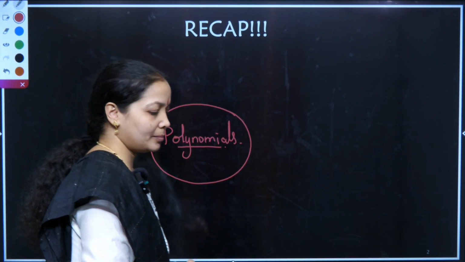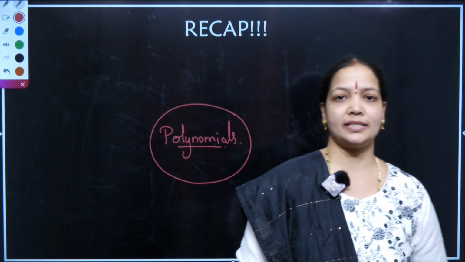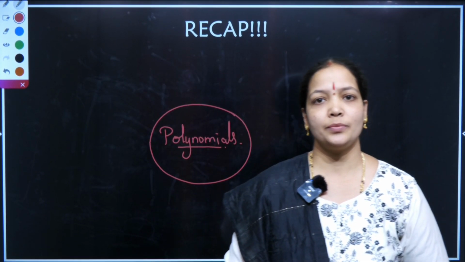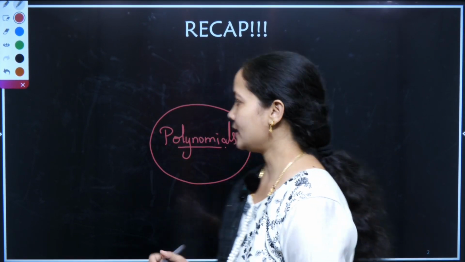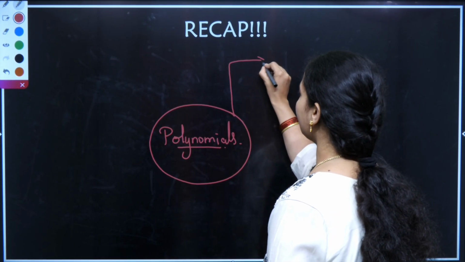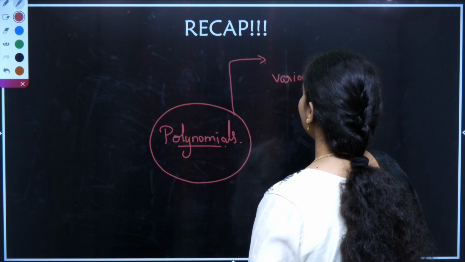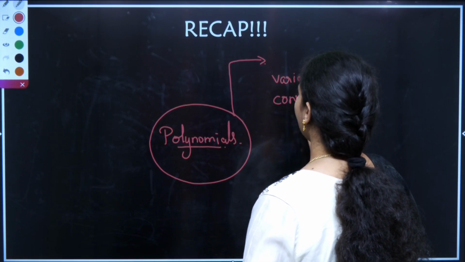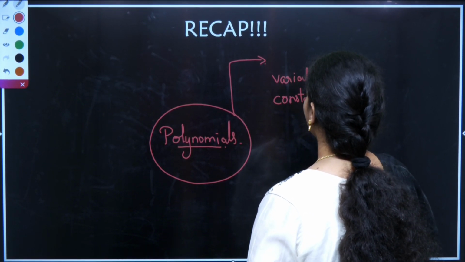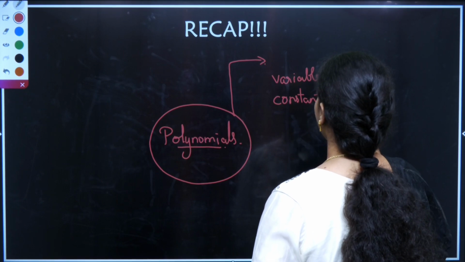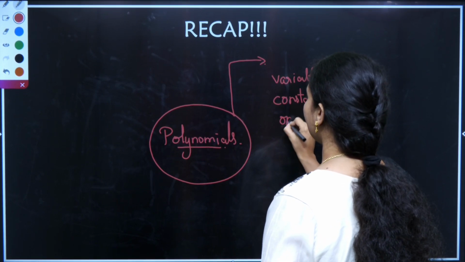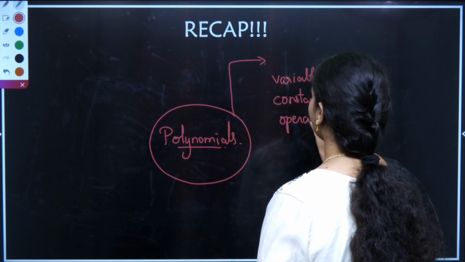So what is a polynomial? As we all know, a polynomial is basically an expression in which we have three important things called a variable, a constant or a coefficient, and the interlink between them is called an operator.